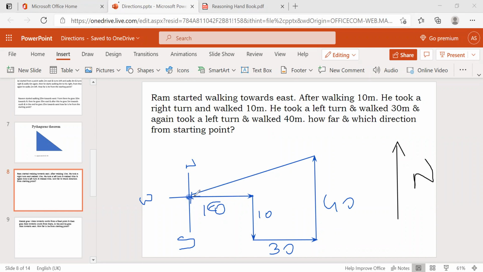We need to know this distance, that means we require this entire distance and then this distance. Is it clear? Yes, ma'am, nice answer. Okay, now he traveled. This is 10.